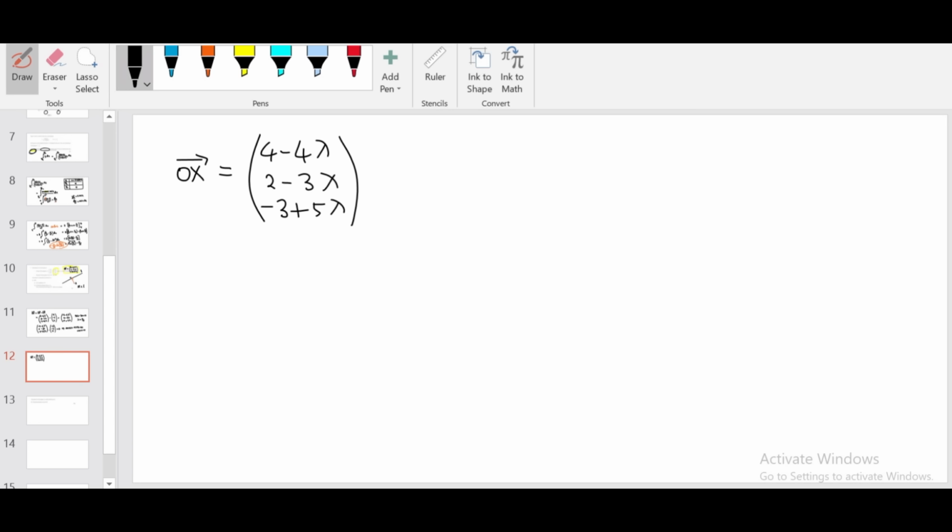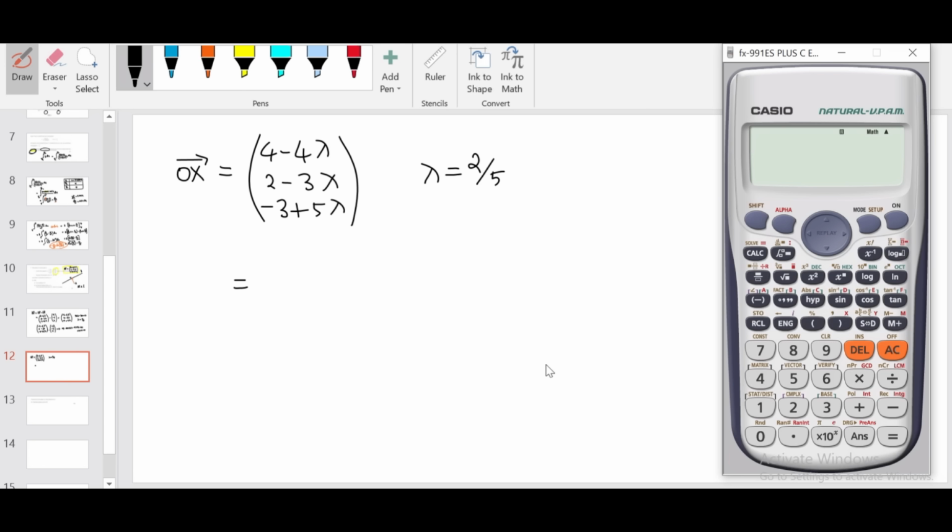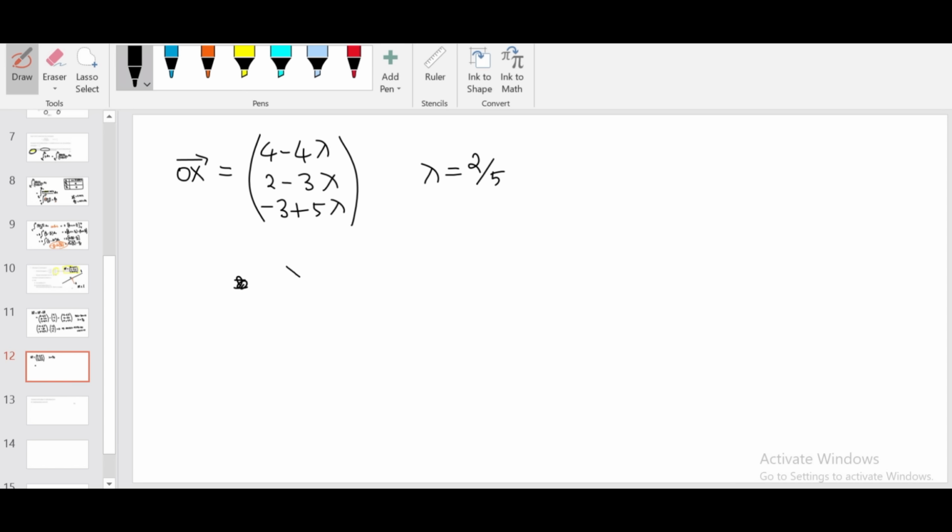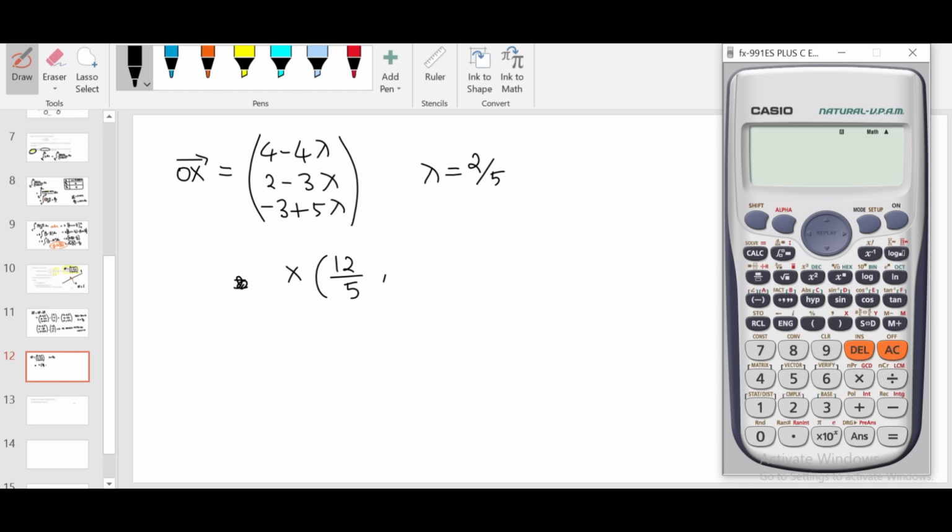So this is OX in terms of lambda. Now we got lambda as 2 over 5, subbing here. 4 minus 4 times 2 over 5 is 8 over 5, so it's 12 over 5. You can write it as a point because they want the coordinates of X, so don't write it in the vector form. 12 over 5.